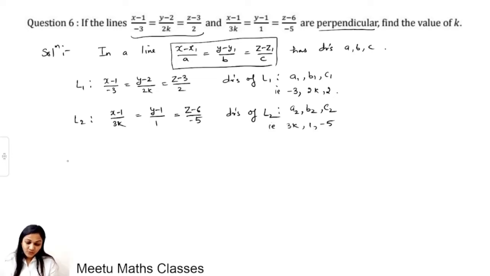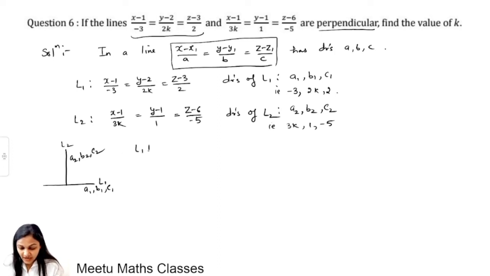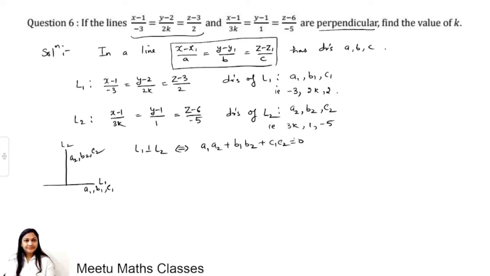Now we know that if the direction ratios of both lines are given, then line 1 and line 2 are perpendicular if and only if A1 into A2 plus B1 into B2 plus C1 into C2 must be equal to 0.